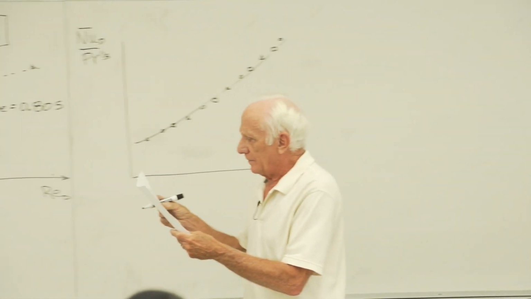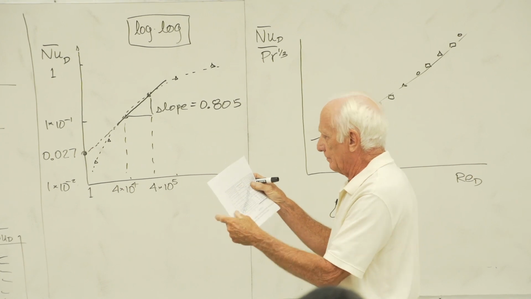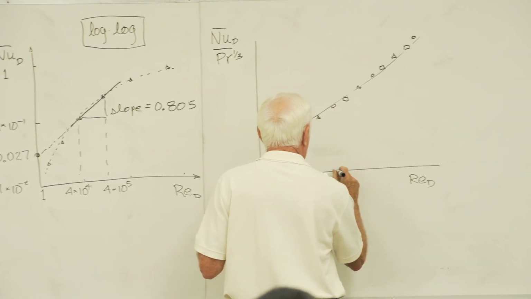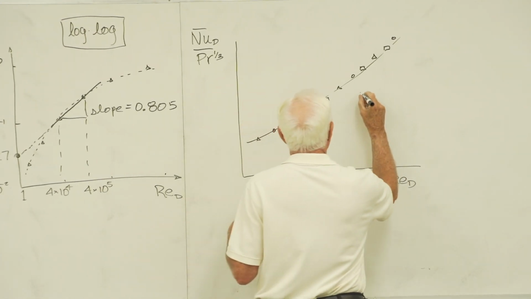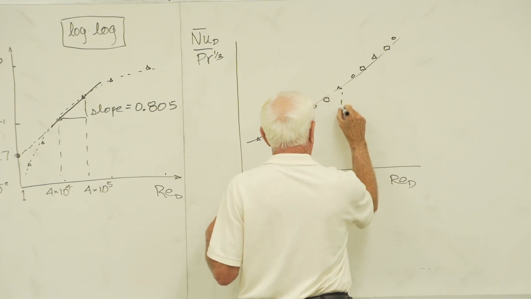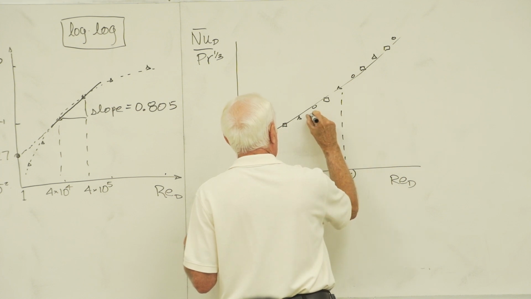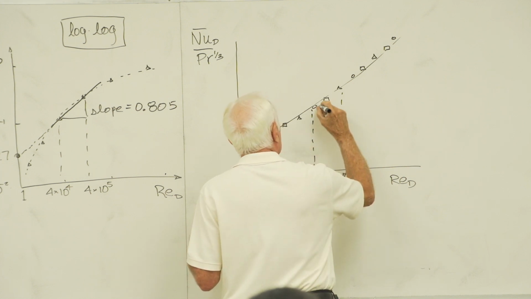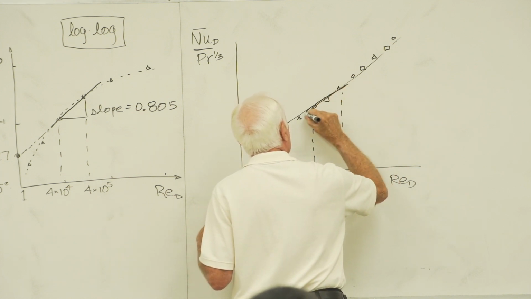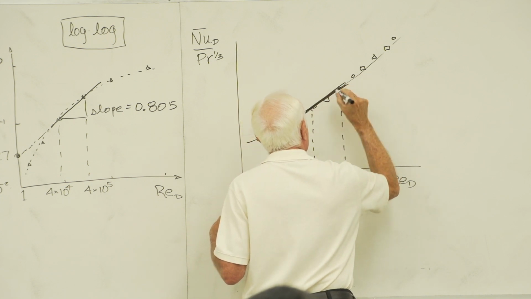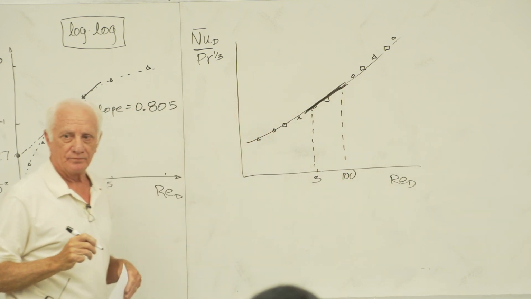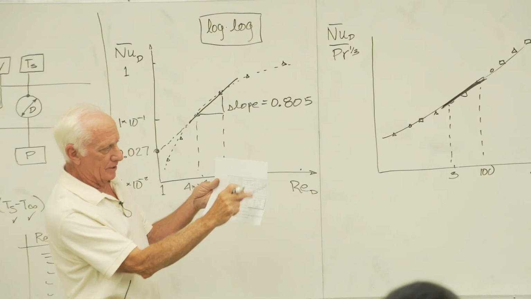He said, if I go from a Reynolds number of 3 to 100, I'm going to draw a straight line through those points. That's what he did. It's at the top in the box.